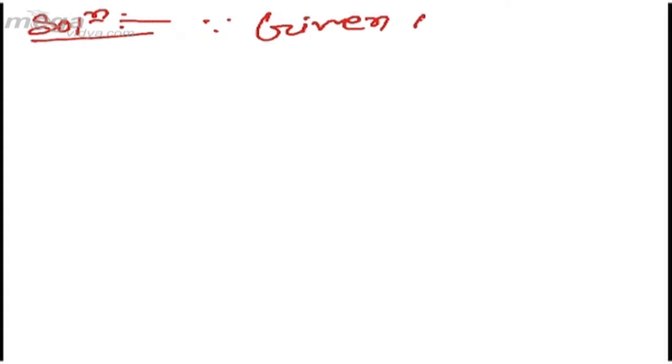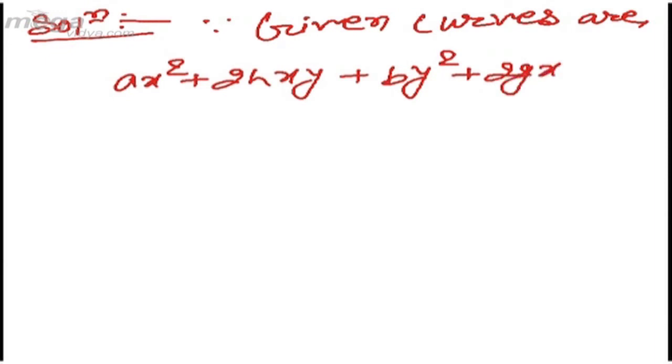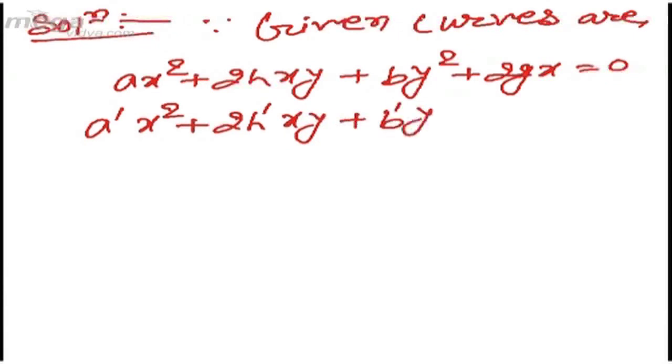Since the given curves are ax square plus 2hxy plus by square plus 2gx is equal to 0, and the second curve is a dash x square plus 2h dash xy plus b dash y square plus 2g dash into x equal to 0. These are two equations.